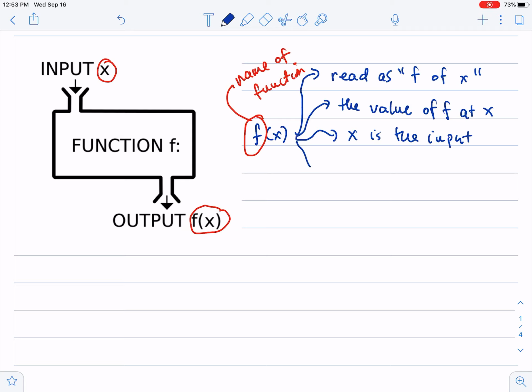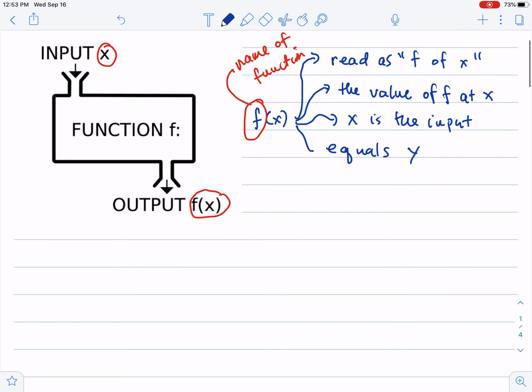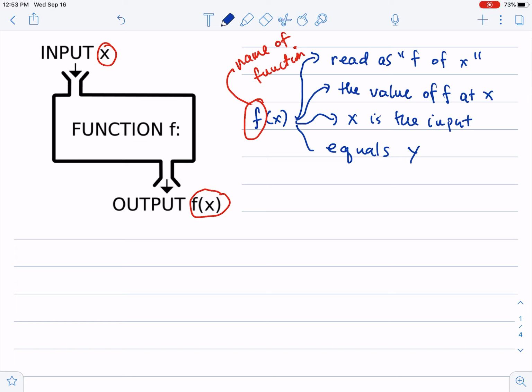And alam din natin that f of x equals y. No? So, kung napanood niyo yung previous video ay meron tayong isang function na yung relationship between the price of the ball pen and the number of ball pens. No?